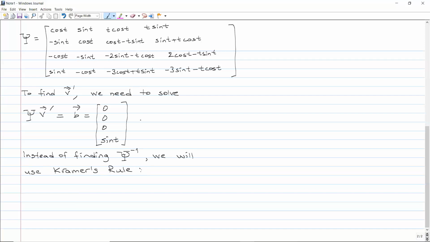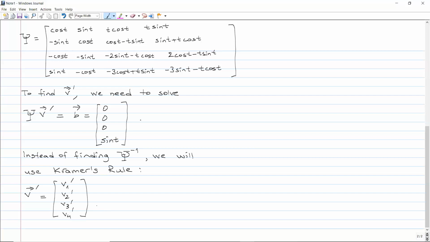Okay, what is Cramer's rule? Now, V prime, this is what I'm trying to find. It's a column vector of 4 components. So V1 prime, V2 prime, V3 prime, V4 prime. Prime here stands for the derivative.